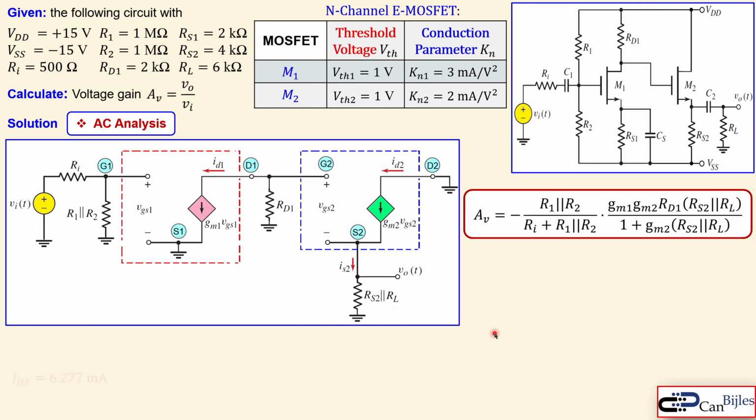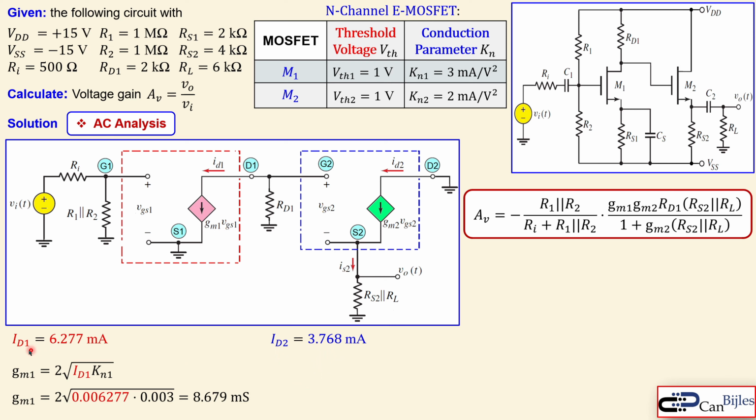So let's do that, but for the GM1 and GM2 we require the DC values, the DC current, and also the process parameter, the conduction parameter Kn. This is the formula for the GM, and now for the first stage specifically we have GM1. We substitute the values for the drain current and also the Kn1 given. Now we have this 8.679 millisiemens.